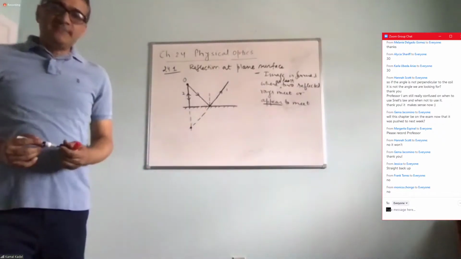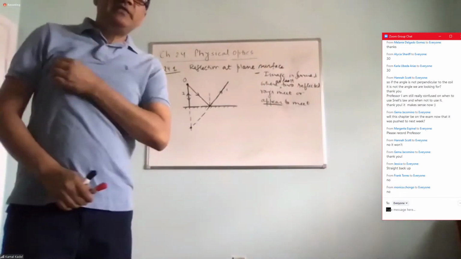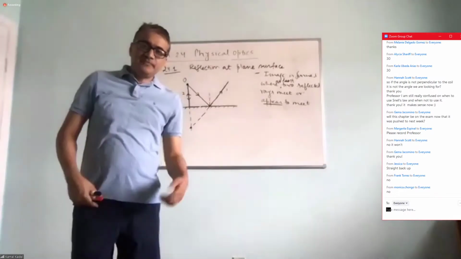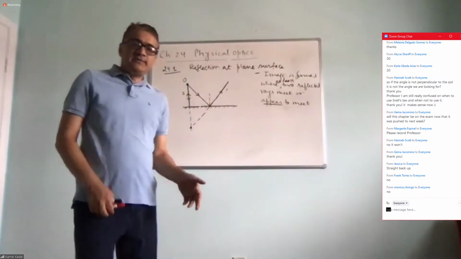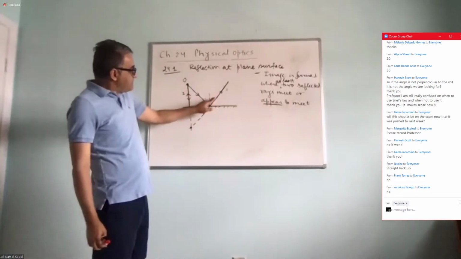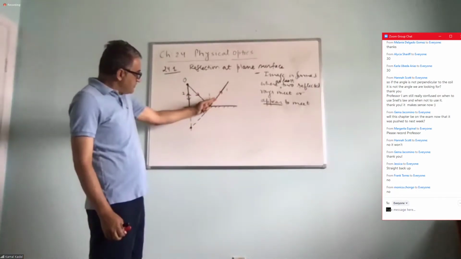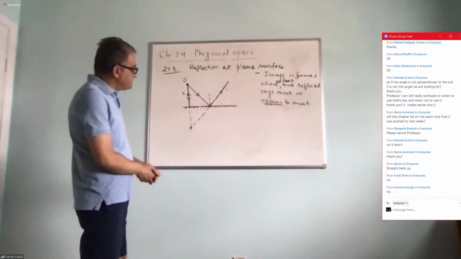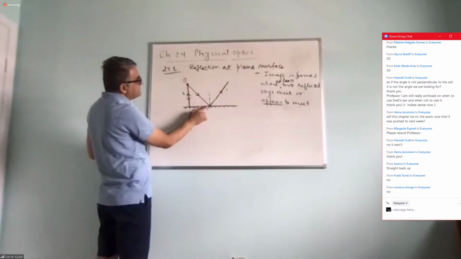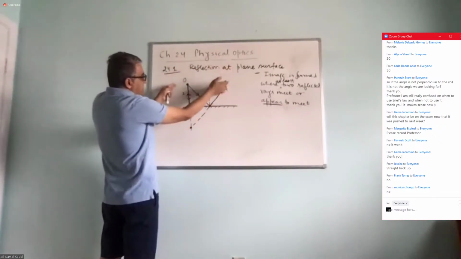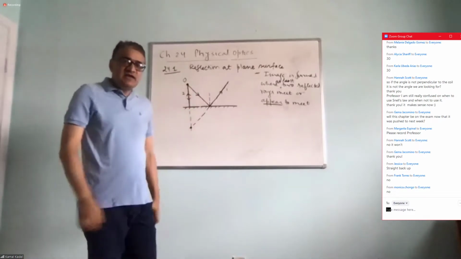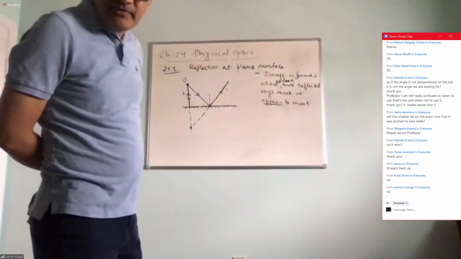In the situation where at least two reflected rays cannot meet in real, then what we have to do is produce these rays. Produce means this, right? So that they can meet. This ray is going up, this is going in this direction. They cannot meet this side, but if we produce these rays on the opposite side, they can meet, right?